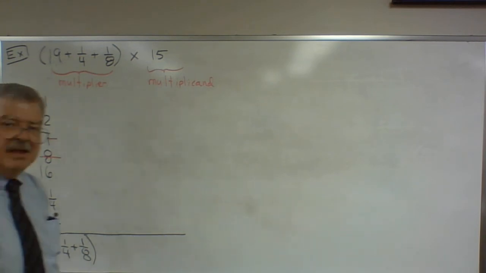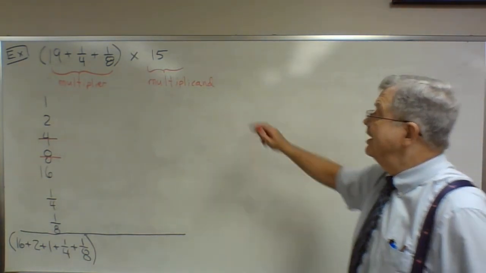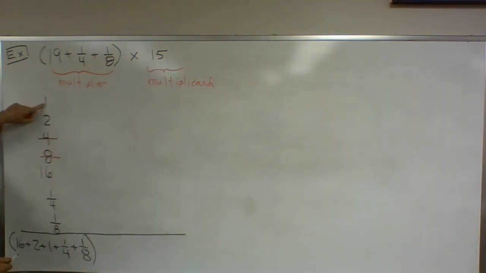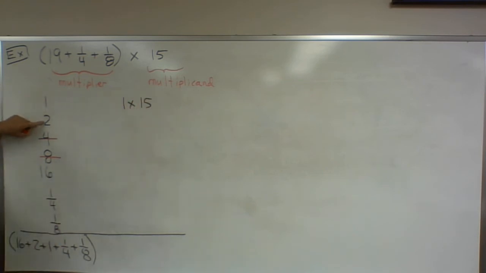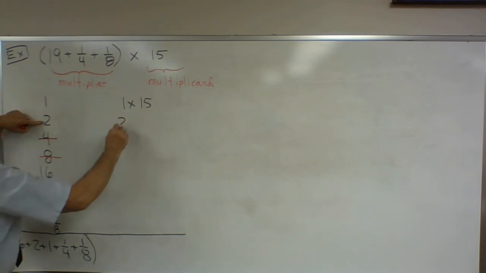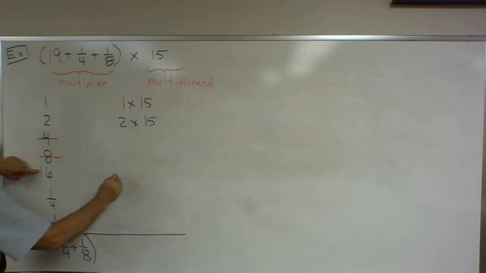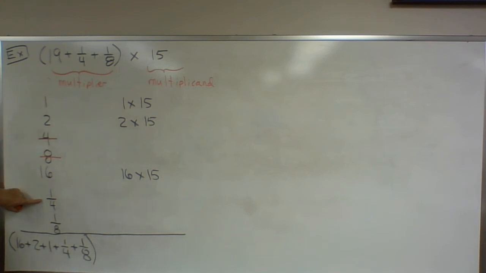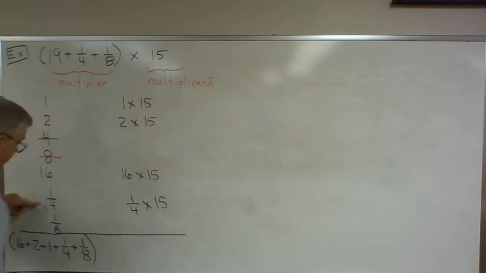Next step, compute the product of each of these distinct powers of 2 and the multiplicand. 1 times the multiplicand. 2 times the multiplicand. 16 times the multiplicand. 1/4 times the multiplicand. And 1/8 times the multiplicand.